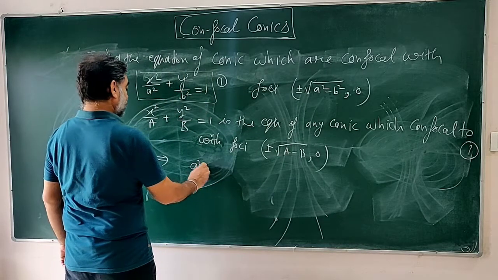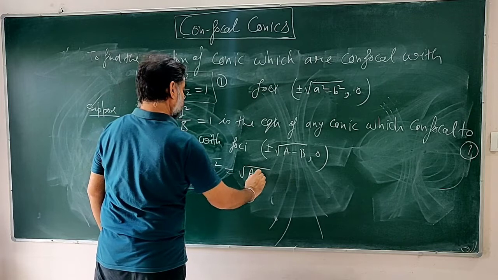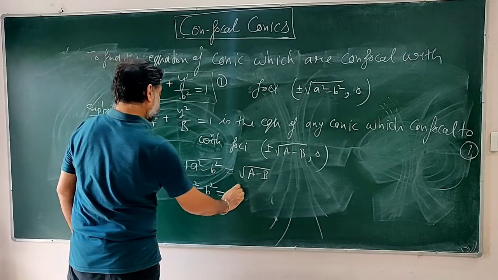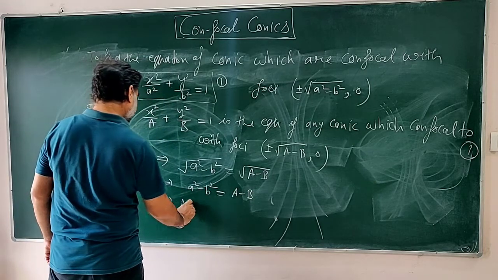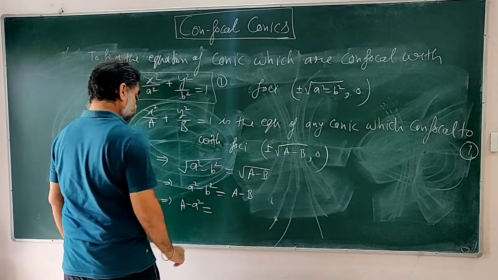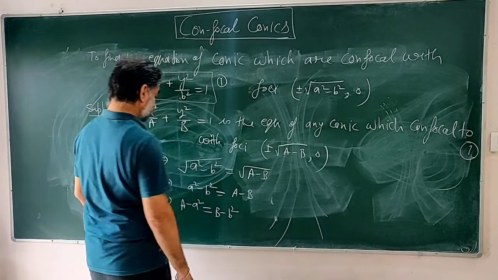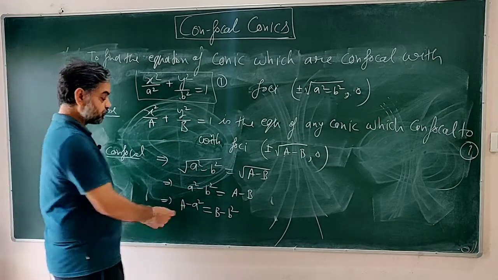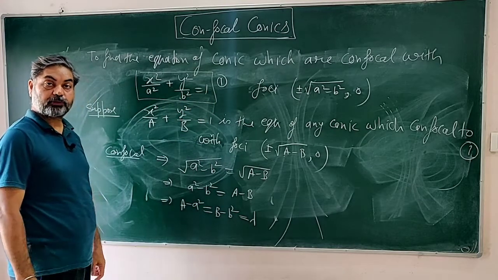That means the square root of a square minus b square should be equal to the square root of A minus B. So a square minus b square should be equal to A minus B, and that implies a square minus A is equal to b square minus B. Suppose both of them are equal to lambda.